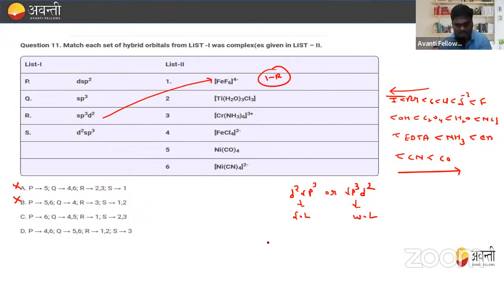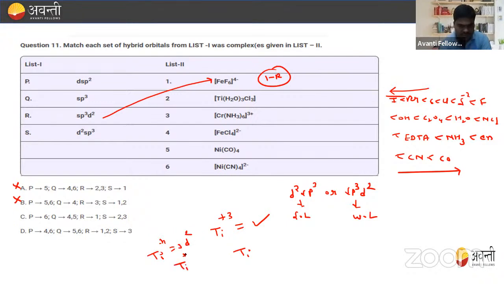So let's find the oxidation state first. Titanium is having +3 oxidation state, right? So in the +3 oxidation state, what is the configuration of titanium? Basically, titanium in the +2 oxidation state is 3d2, right?